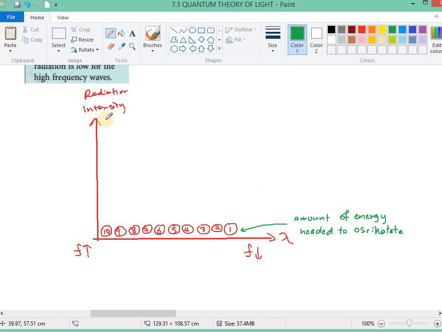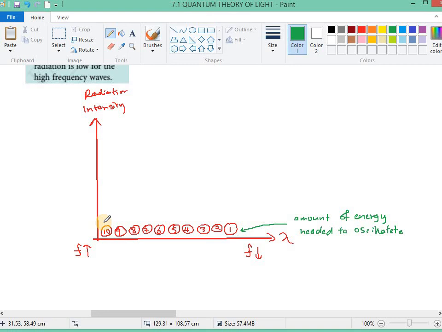You see the particle. Let's say this particle needs a lot of energy, then it can only oscillate at very high frequency. But the energy that is transferred to the object is limited. Do you think there will be a lot of particles that get a lot of energy?